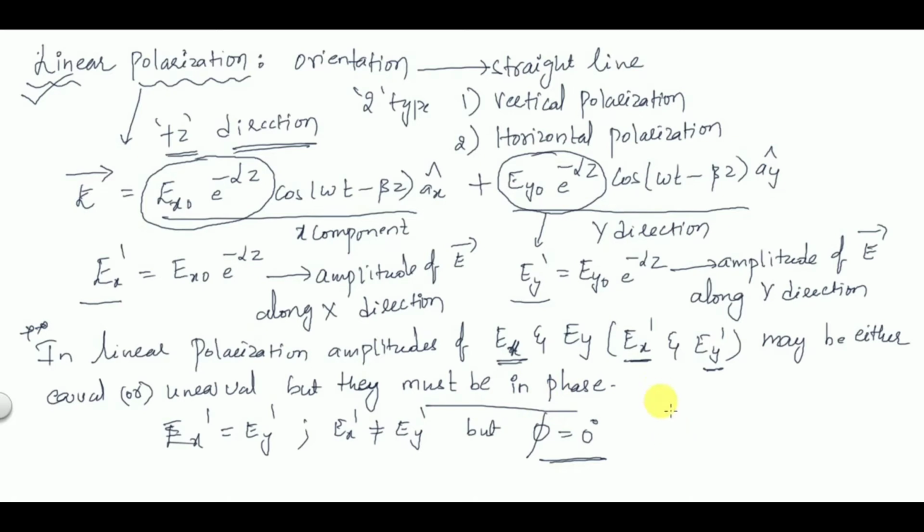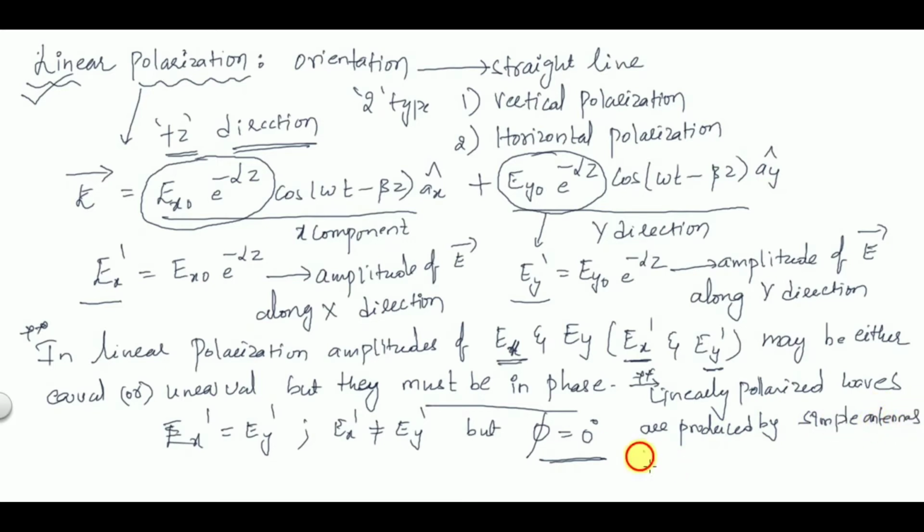Another important point to remember: linearly polarized waves are produced by simple antennas, for example dipole antennas, and lasers.